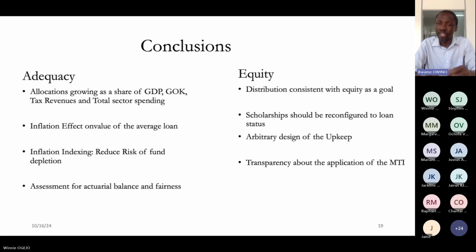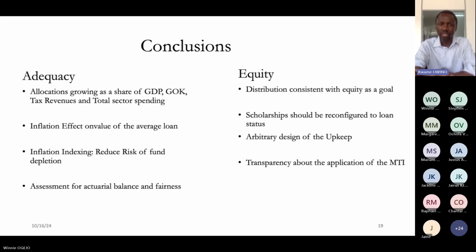And this inflation indexing means that in providing the grant and the funding, on the allocation side, Parliament and the Ministry of Education should consider indexing that grant to inflation so that it meets the effect of that inflation erosion over time.